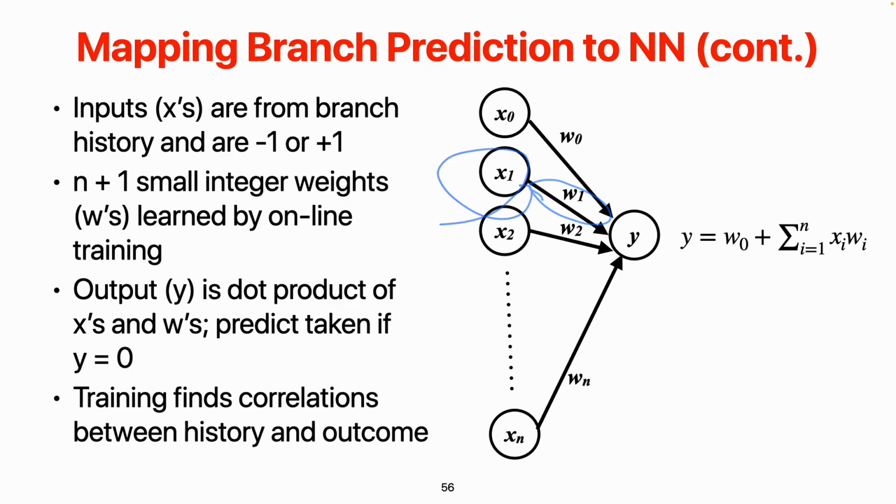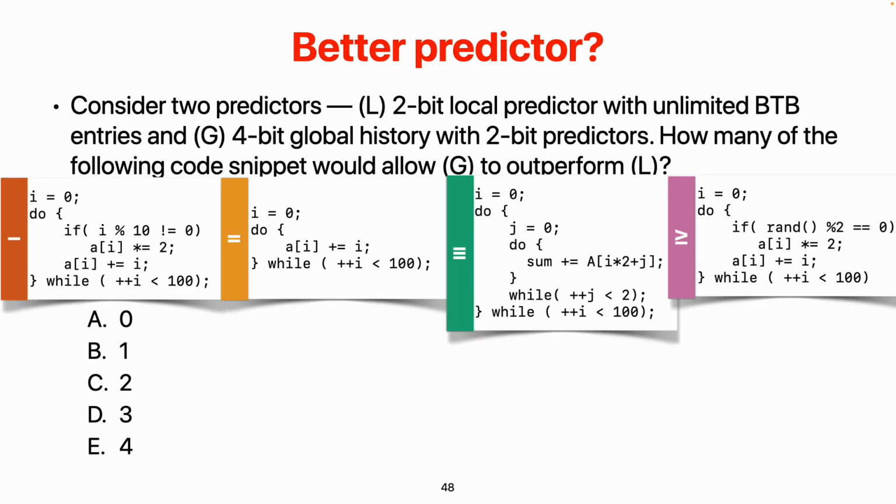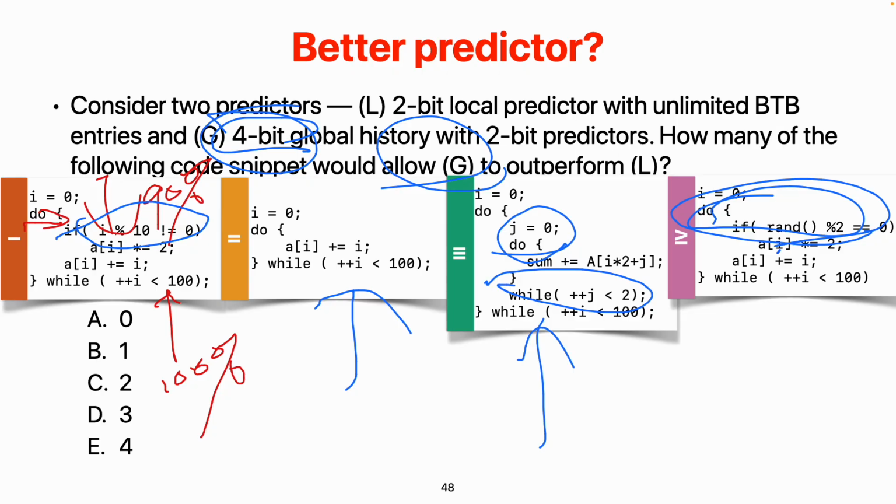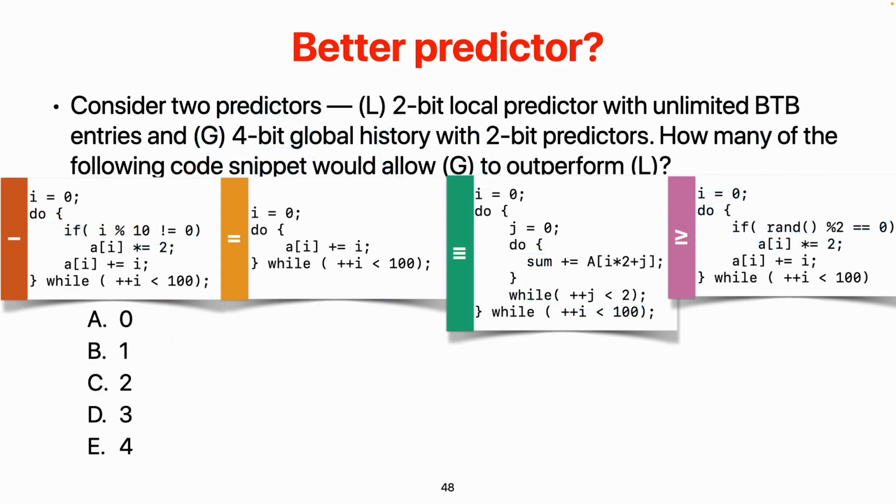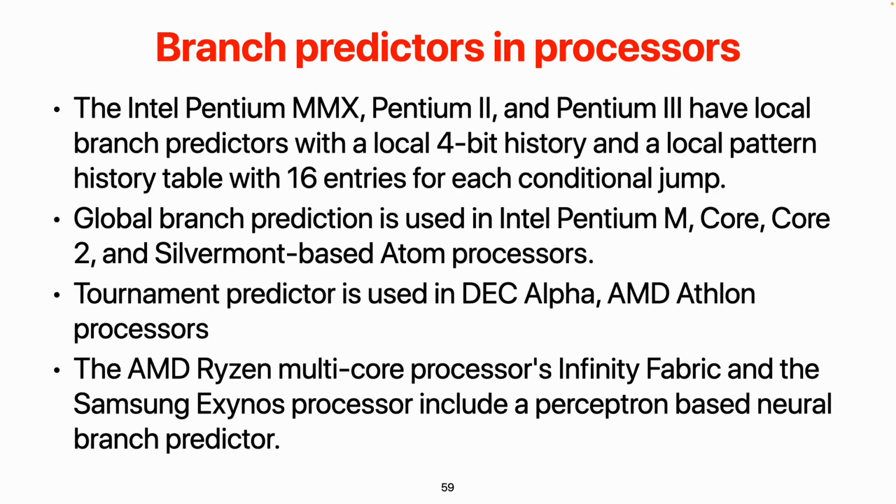For example, for this particular branch, the perceptron can give a lower confidence level because it's pretty random and hard to predict. In this way, it simulates the effect of a local predictor. However, if it considers this a highly confident branch, then it is equivalent to a global predictor. That's why we say perceptron is also some sort of hybrid predictor.